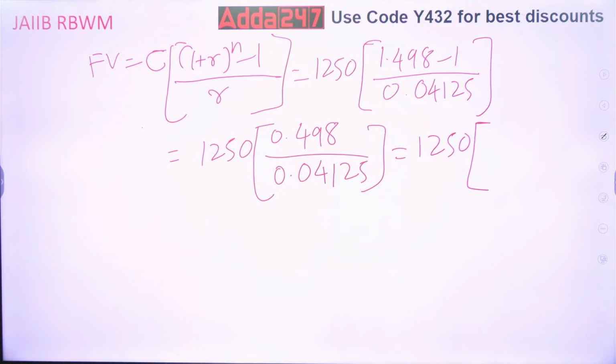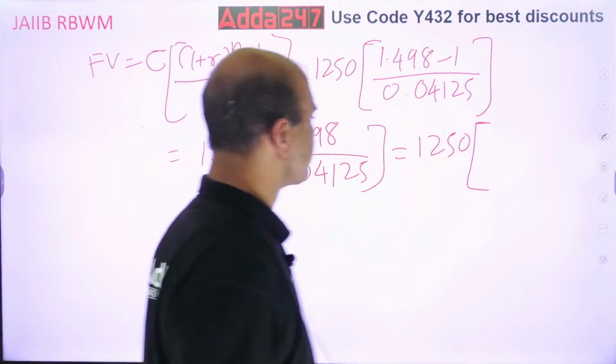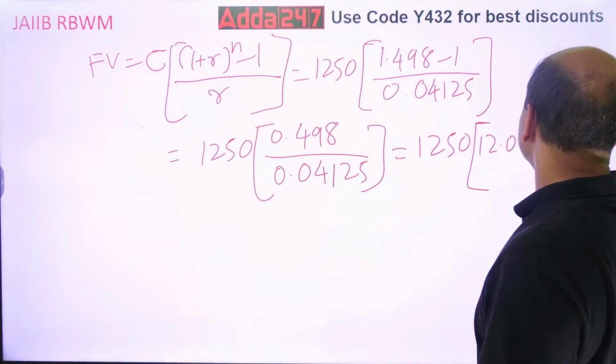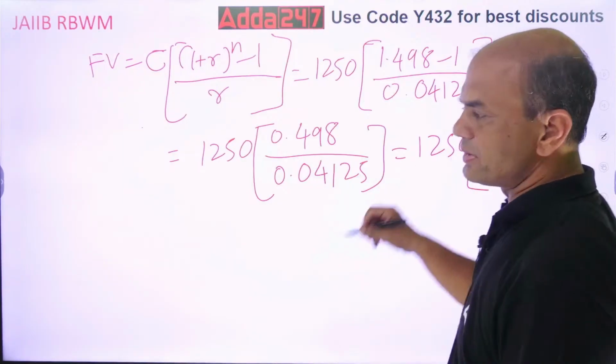Are you getting this? 12.072. Get the answer. Multiply this.